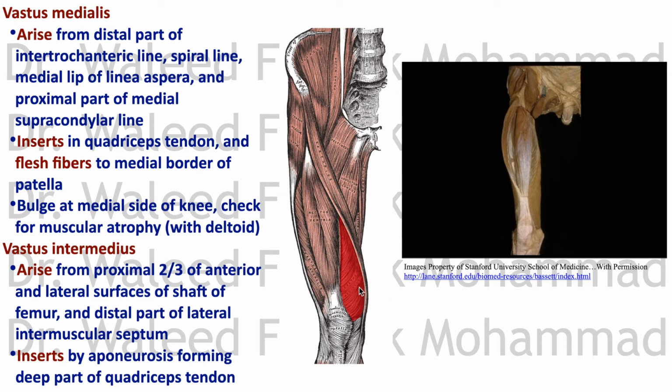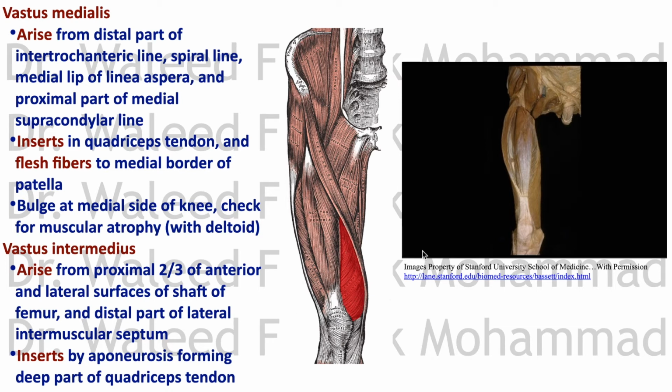In malnutrition, the bulk of the muscle will be reduced together with the deltoid, and this is one of the areas you look for if you are suspecting malnutrition or atrophy of a muscle.